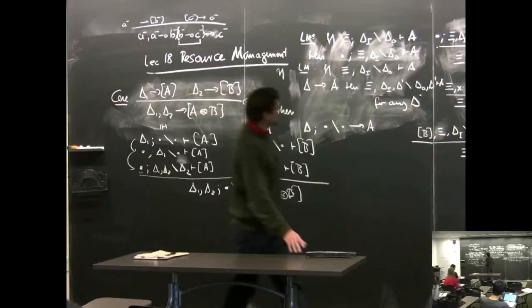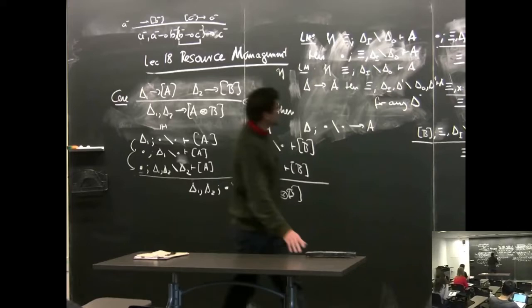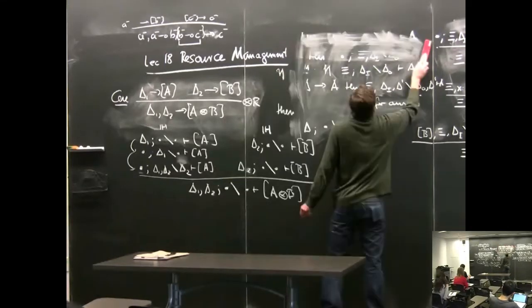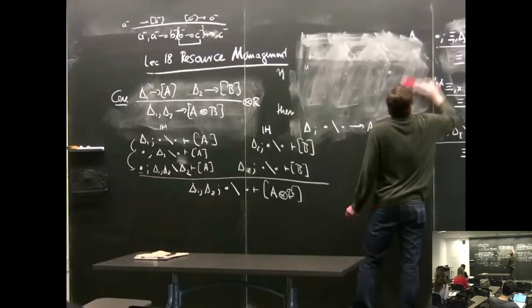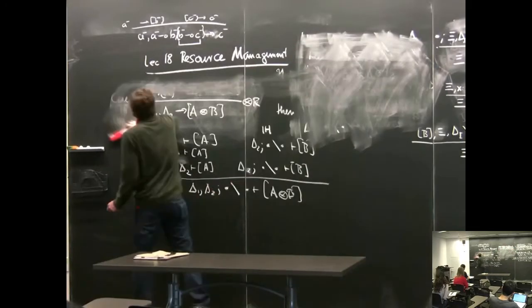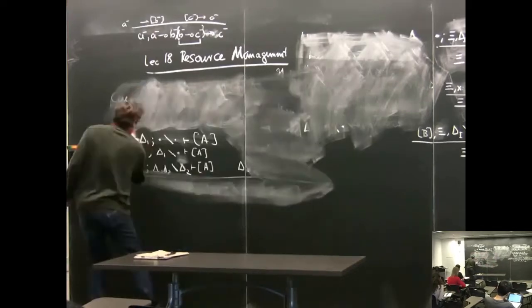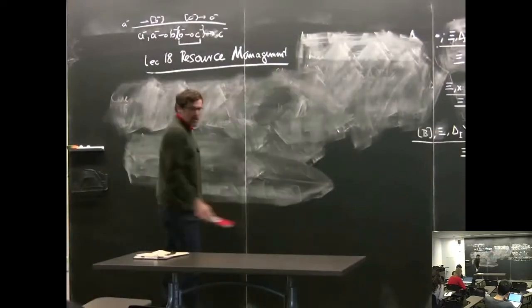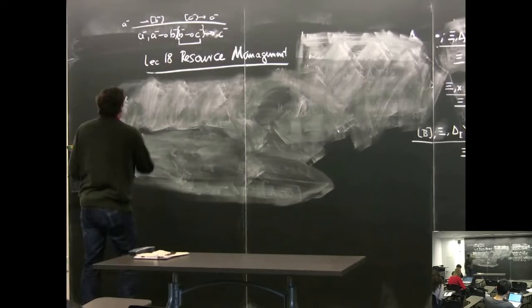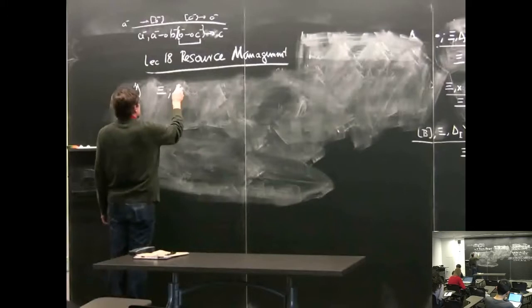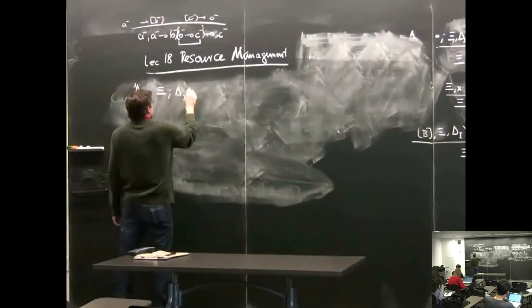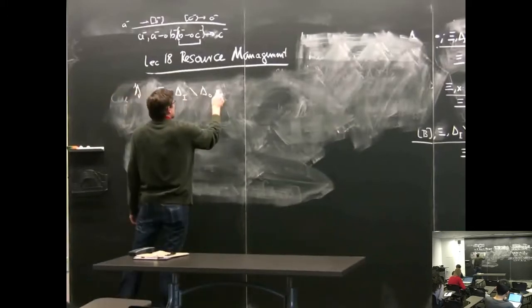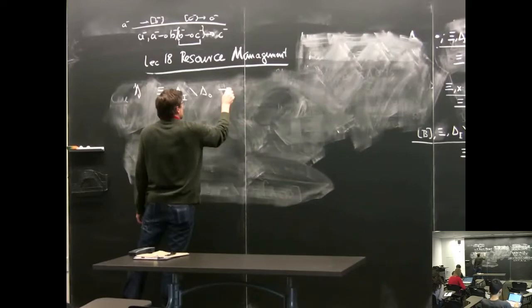The question is now, how do we prove the opposite direction? So we need those two lemmas. Okay, opposite direction. So we have psi, delta I, delta O. Oh, I wrote turnstile for this.